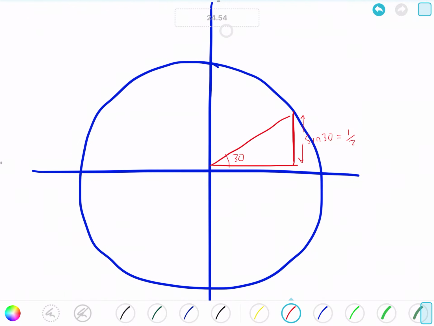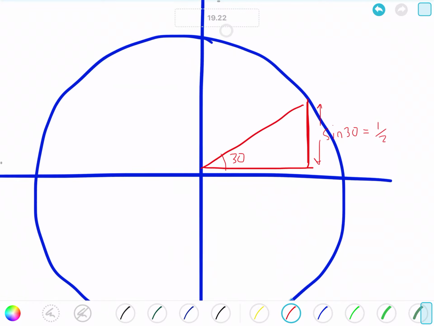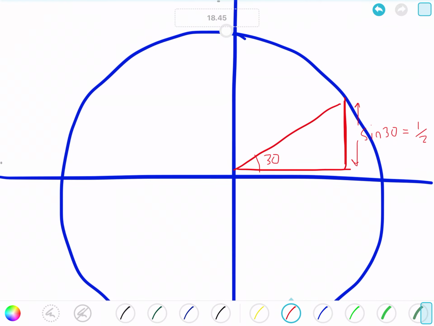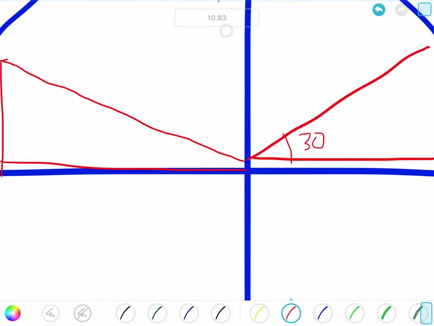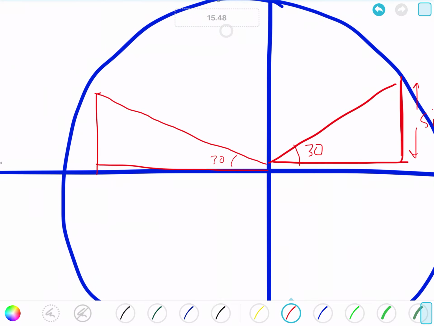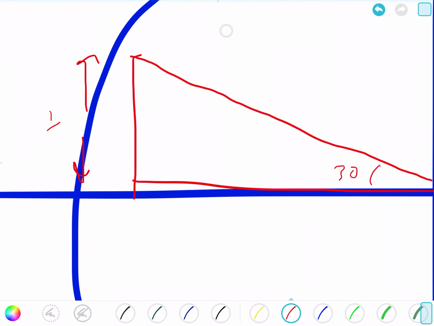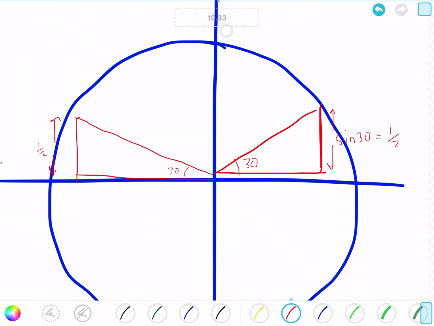So the question is, what other triangle would give us the same length? If you think about it a little bit, you can see it's the one on the other side here, symmetrical, where you've also got 30 there, and that length is also the same. It's the same height, so it's a half. So the question is, what angle is that?